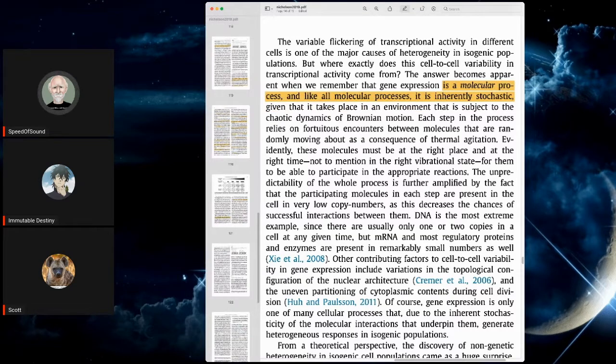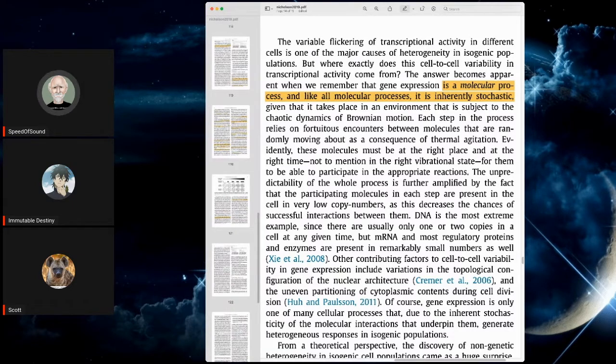Given that it takes place in an environment that is subject to the chaotic dynamics of Brownian motion, each step in the process relies on fortuitous encounters between molecules that are randomly moving about as a consequence of thermal agitation. Evidently, these molecules must be at the right place and at the right time, not to mention in the right vibrational state, for them to be able to participate in the appropriate reactions.